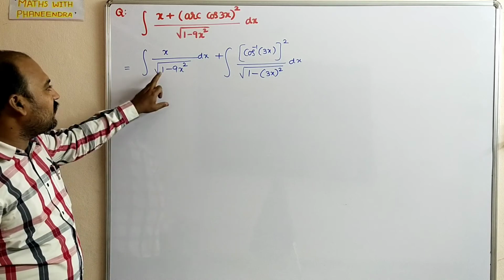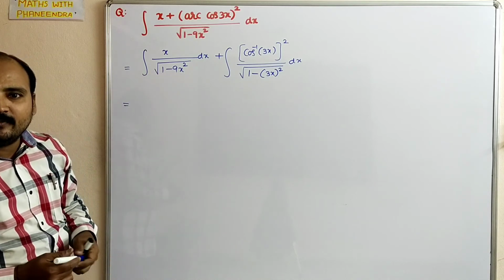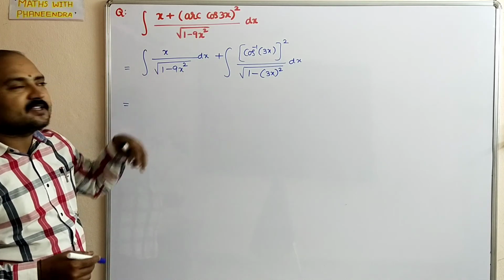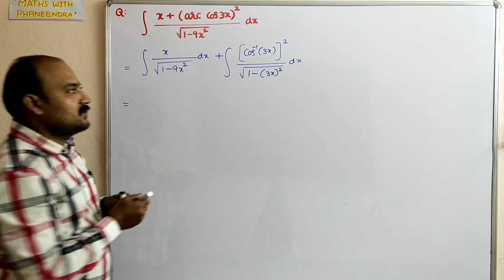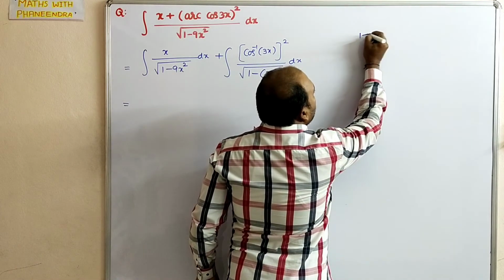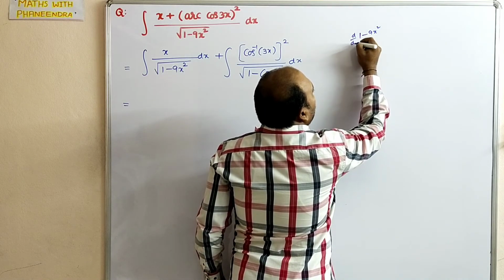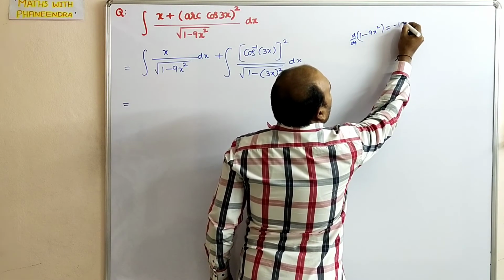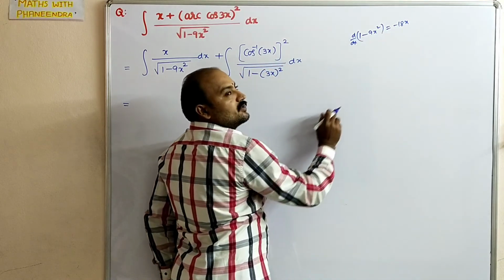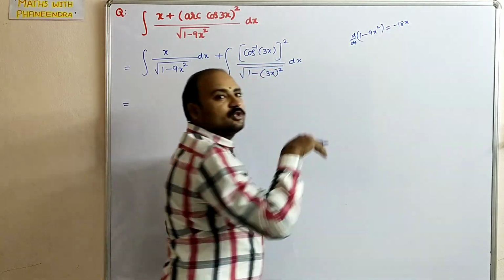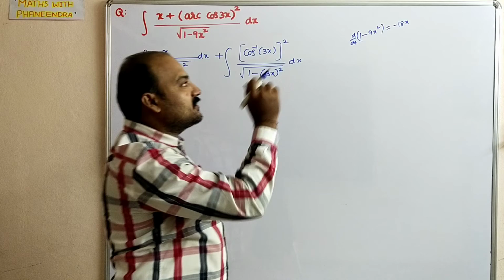After that, observe the first integral, 1 minus 9x square. What is the derivative of 1 minus 9x square? d by dx of 1 minus 9x square: constant derivative 0, minus 9 into x square derivative is 2x, minus 9 into 2x is minus 18x.